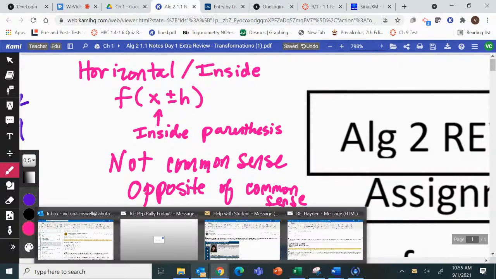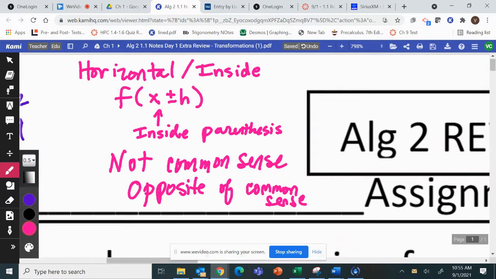So if I have something that is horizontal, it could be absolute value of x plus 4, or absolute value of x minus 3. Those are horizontal. And remember, horizontal goes left or right. So with this x plus 4, which direction does the plus 4 go?